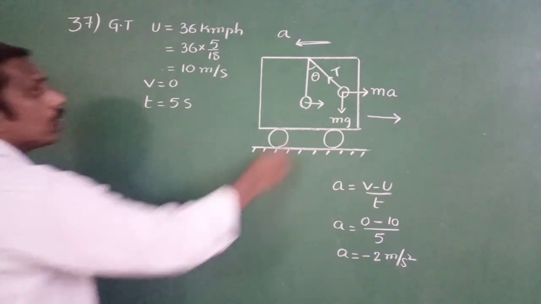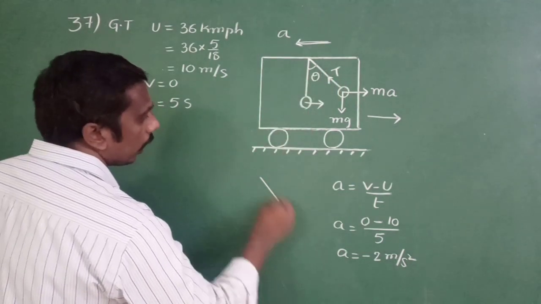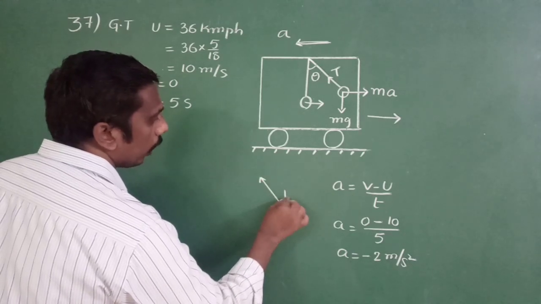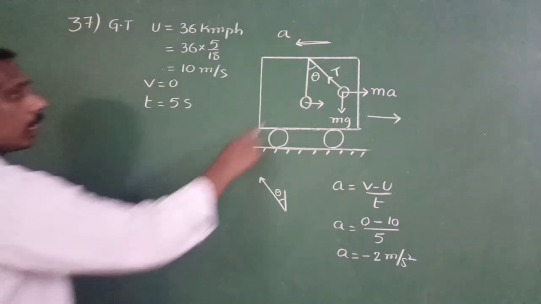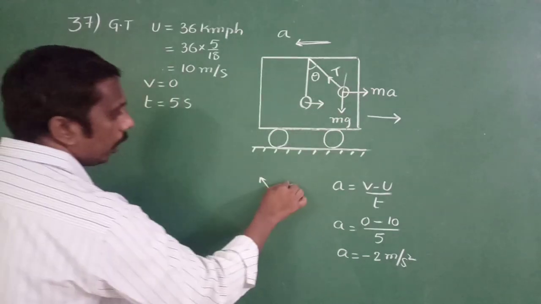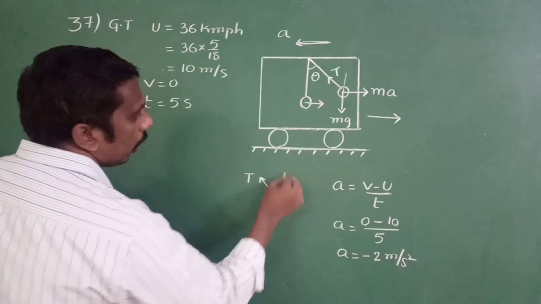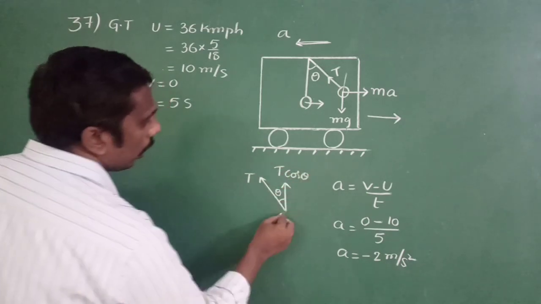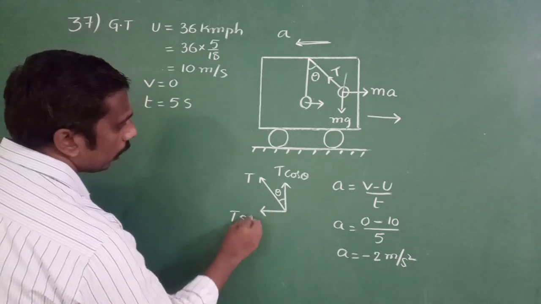First, we resolve this tension into two perpendicular components. Tension makes an angle theta with the vertical here, because alternate angles are equal. If you draw a vertical line, it makes an angle theta with the vertical. So this tension is divided into two components. This component is equal to T cos theta and the horizontal component is equal to T sin theta.